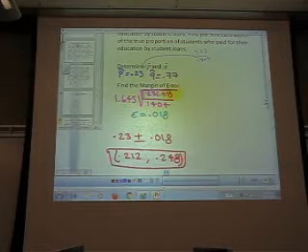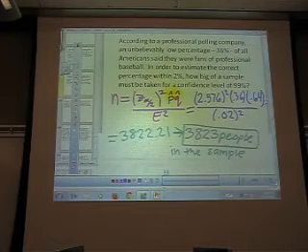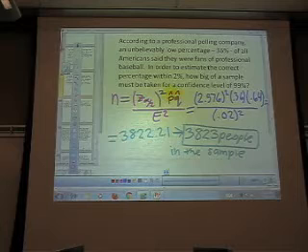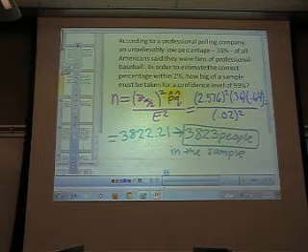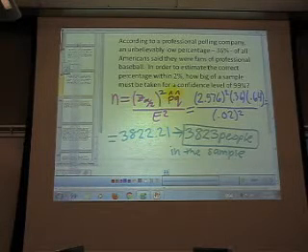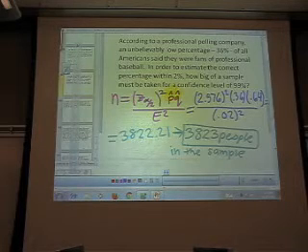Okay, next, Lindsay, go and explain what you did. Okay, so for this one, I realized that it was a find n problem. So I went in my notes and found the equation for the find n problem, which is n equals z alpha over 2 squared times p hat times q hat, all over your margin of error squared. So then I plugged everything into that.